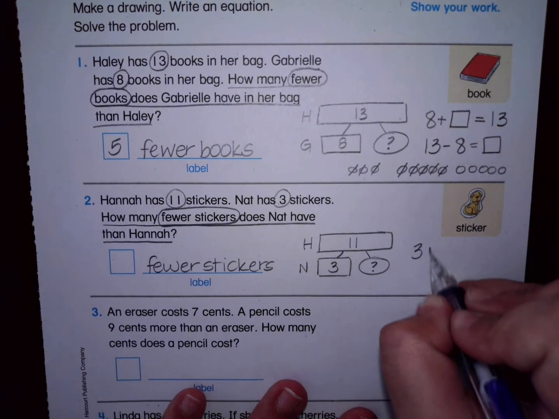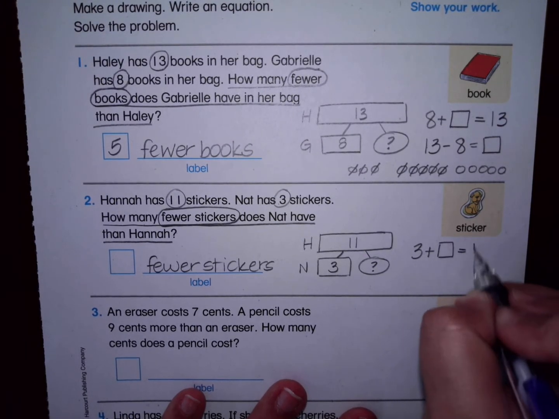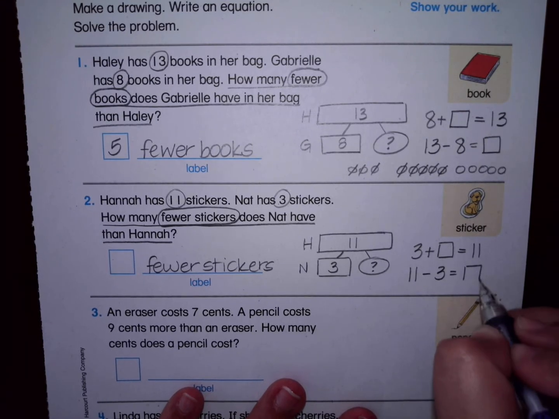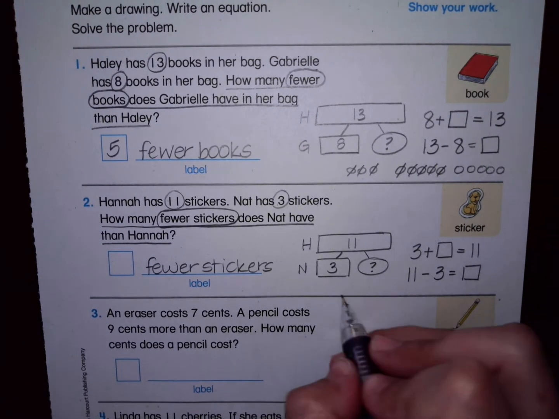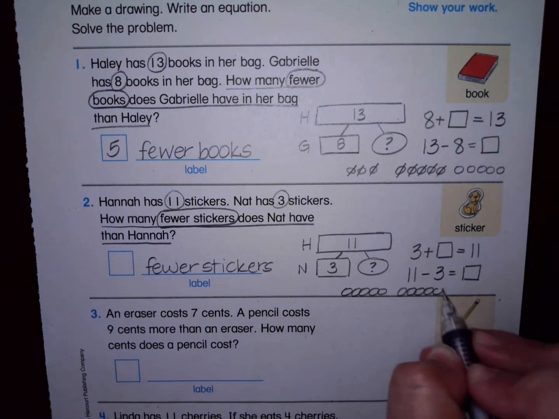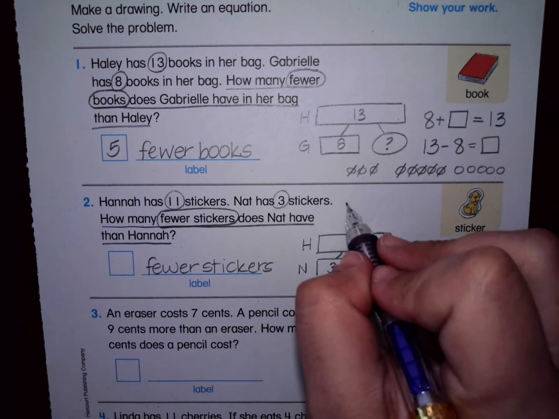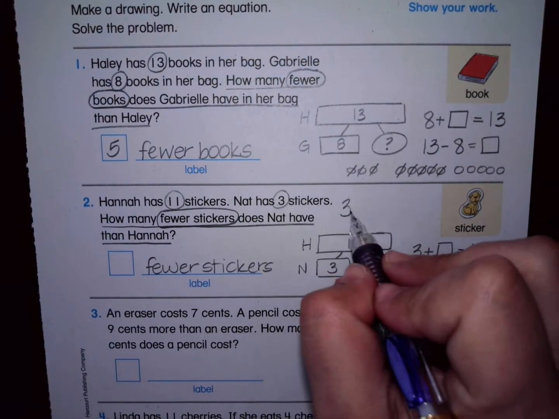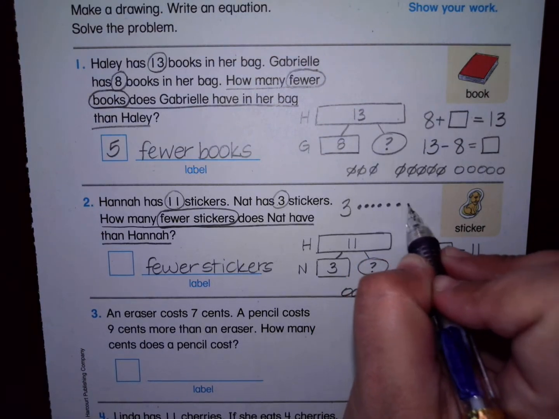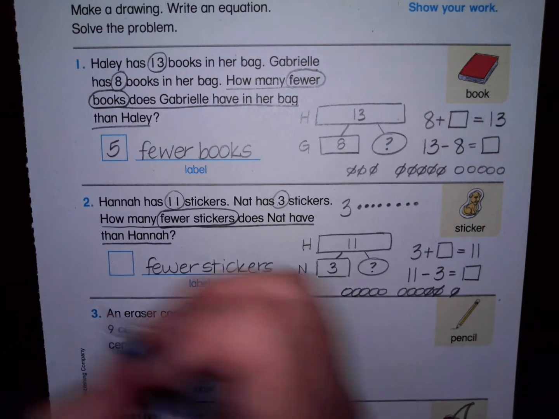So I can do 3 plus box equals 11, or 11 minus 3 equals box. Either way, when I cross out 3, I'm going to get an 8. I could also count on, so 3, 4, 5, 6, 7, 8, 9, 10, 11, and I'm still going to get 8.